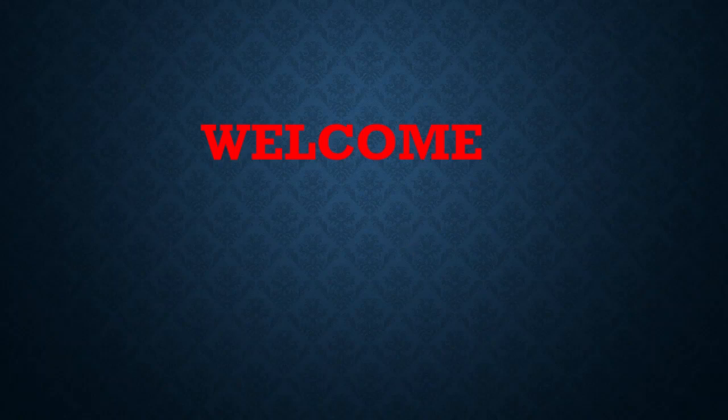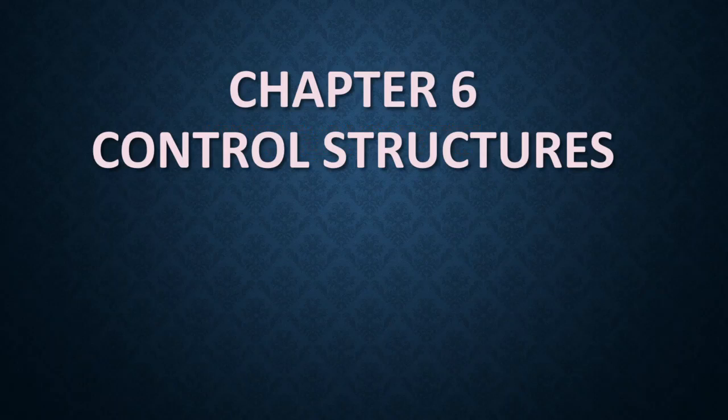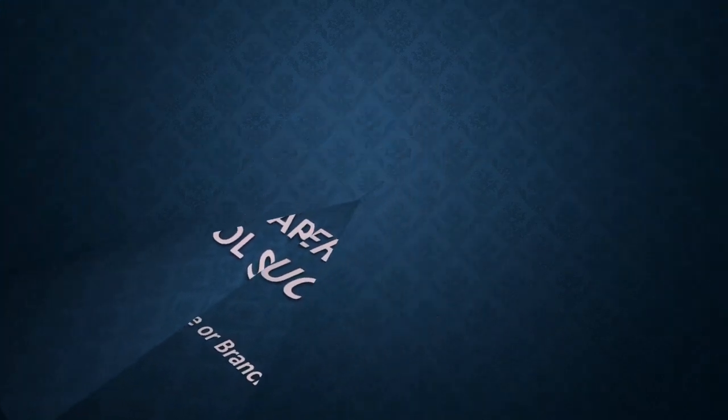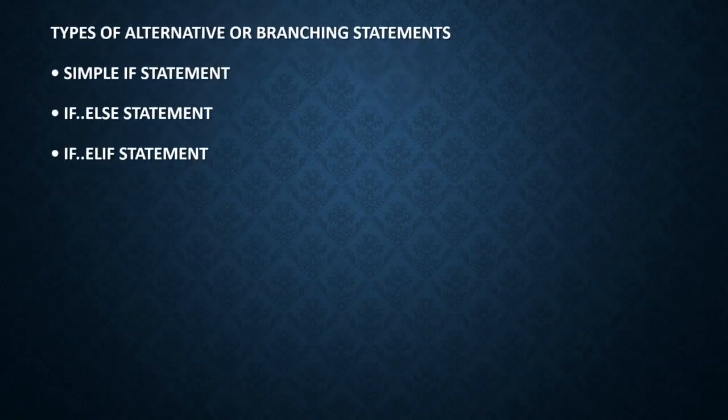Welcome to today's class. Today we are going to discuss chapter 6, control structures, and our topic is alternative or branching statements. Dear students, let us discuss the different types of alternative or branching statements.